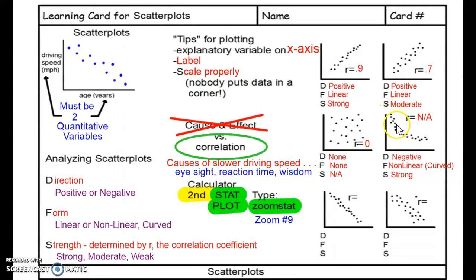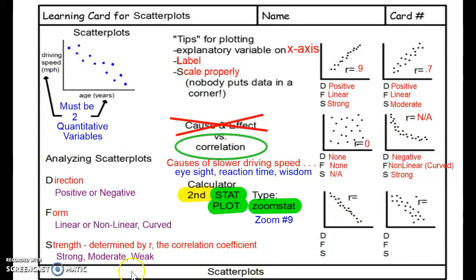So if I have a scatter plot that is nonlinear, then I should not be finding this linear correlation coefficient for it. That's why up here we say not applicable. But we can definitely tell that it is strong. There is definitely a strong relationship, a strong association, going on here.